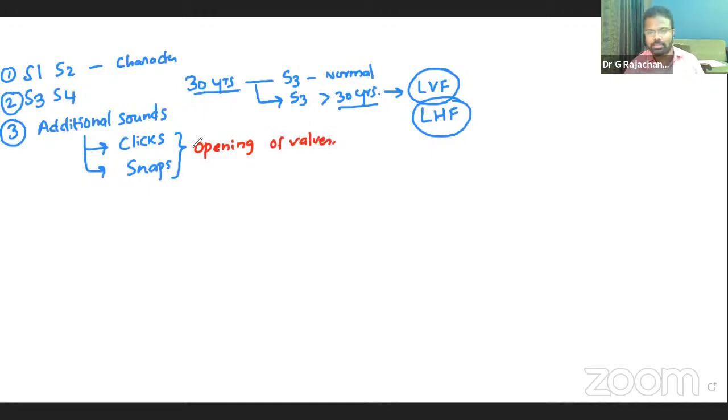I want you to concentrate here a little. There is something called as opening. No, it's not opening. I will give you another name. It is called ejection click. Another one is opening snap.